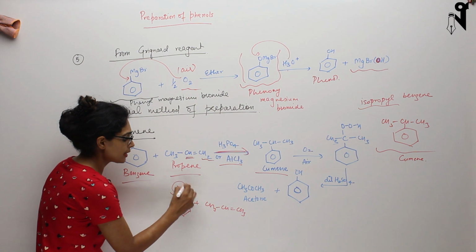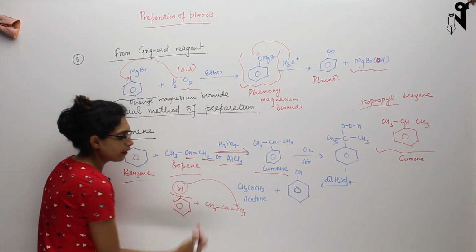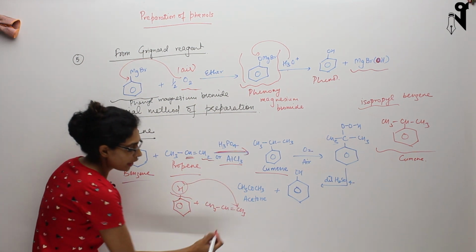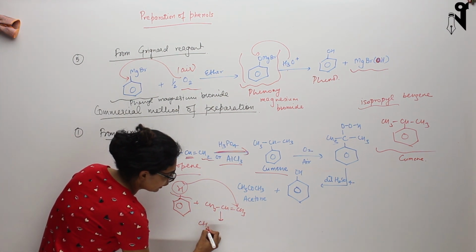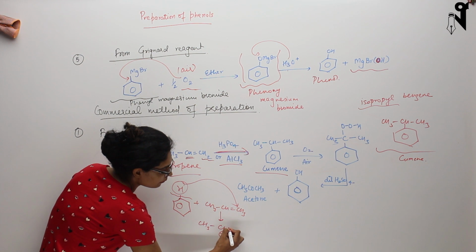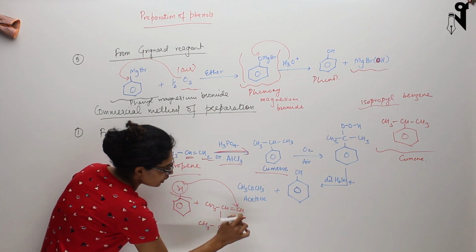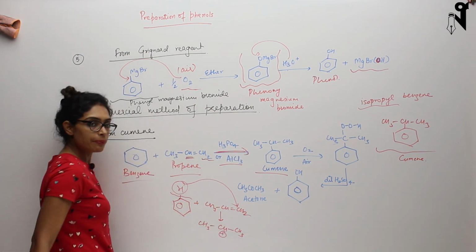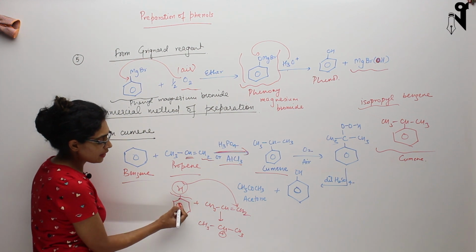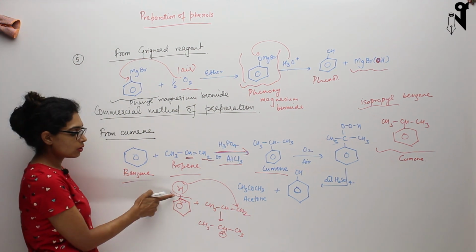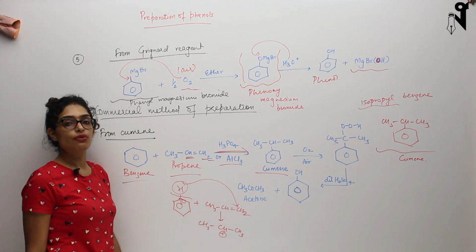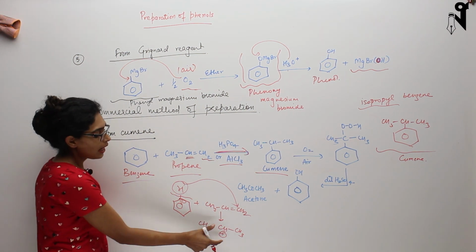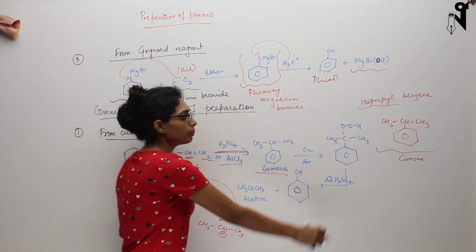This hydrogen will come out as H plus and get added over here. So when the hydrogen gets added, it will form CH3 CH plus, and this is CH2. This will form CH3, and when the hydrogen leaves the benzene, there will be a negative charge over here. So the carbon on the benzene will have a negative charge, and the center carbon of your propene chain will become positive, and hence these two will attach and form cumene.